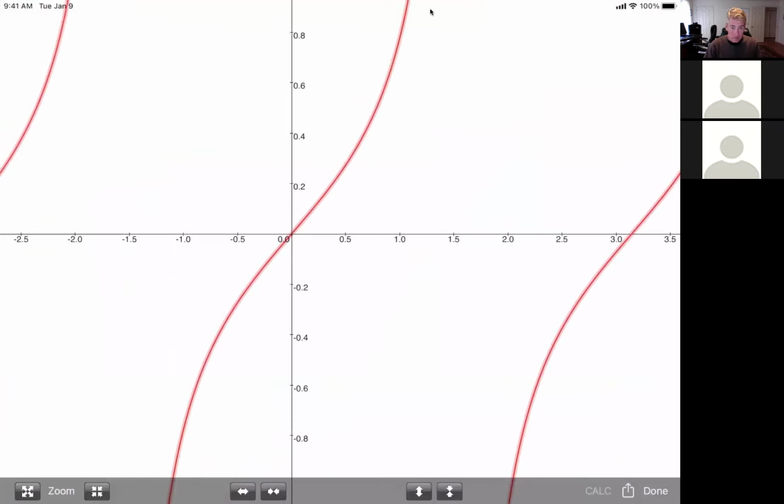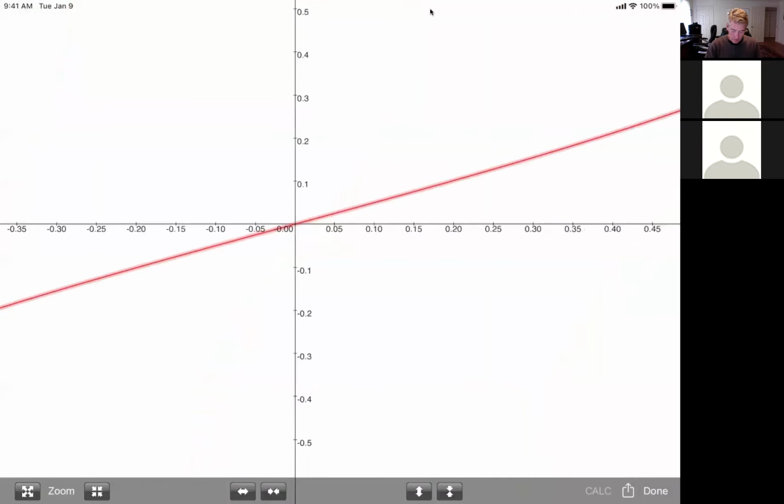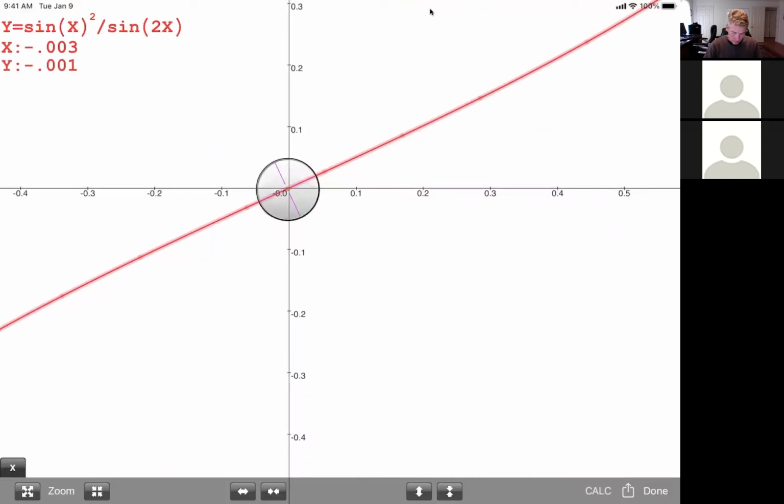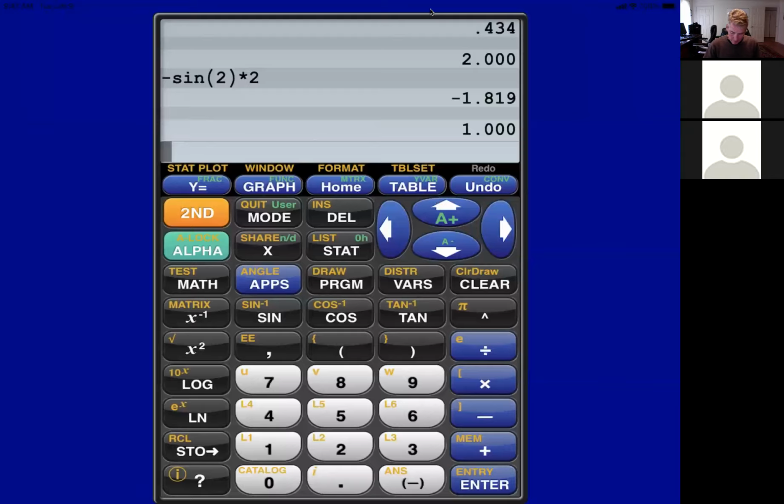And if you look at where x is equal to 0, sure enough, it looks like the y value is equal to 0. Now, if I move exactly on that point, it should say undefined. But as long as you're close to that point, the y value is very close to 0. So I believe I got that one right.